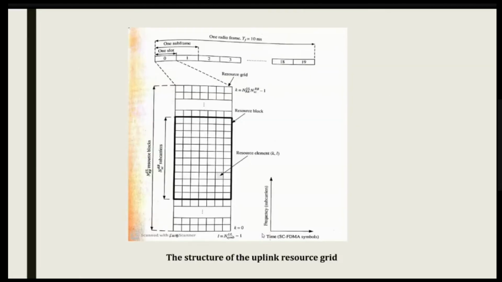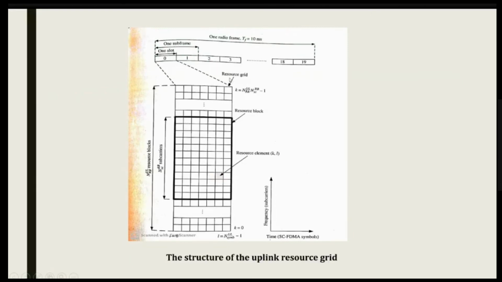This is the resource grid structure for the uplink. Once again, you can make out here, one radio frame has a time period of T_f equal to 10 milliseconds. There will be 20 slots. 2 slots together we call one subframe. One slot is 0.5 millisecond in duration, and one time slot has a resource grid of this structure.